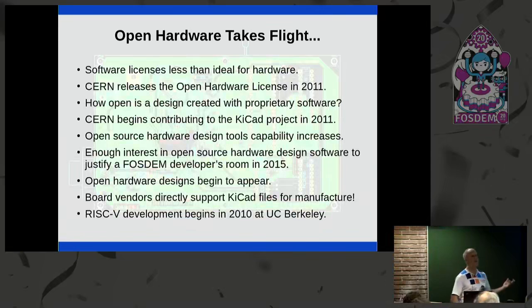Okay, so that's why they joined and started to help make KiCad functional. During this time, it's pretty obvious from some of the talks that open source design tools are increasing in power and usability. In some cases, they're approaching a lot of commercial products.